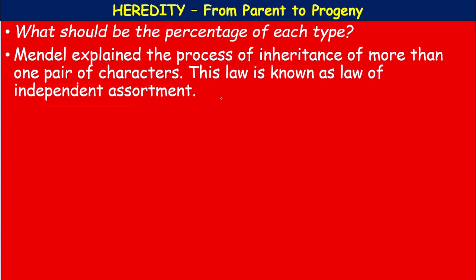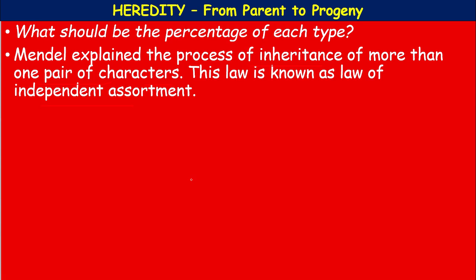The principle of independent assortment states that the genes of different characters located in different pairs of chromosomes are independent of one another in their segregation during gamete formation.